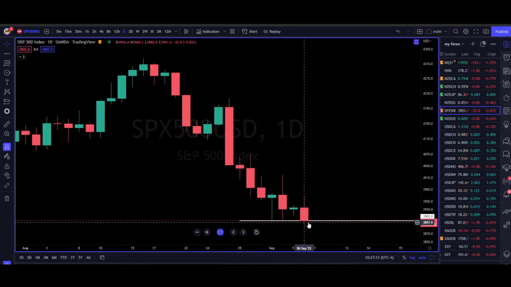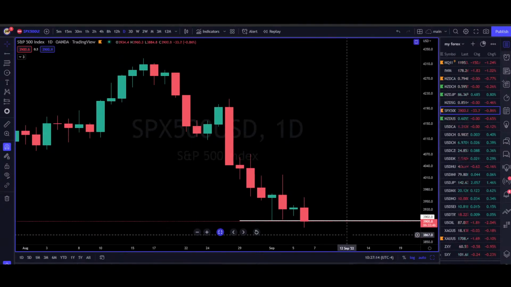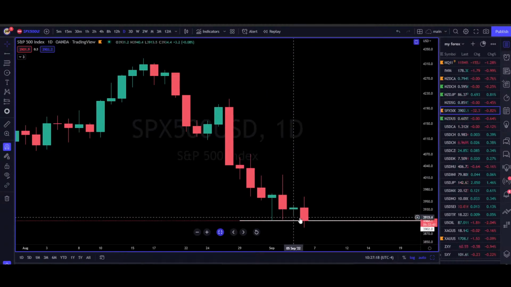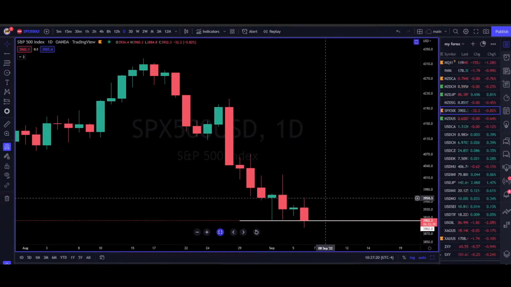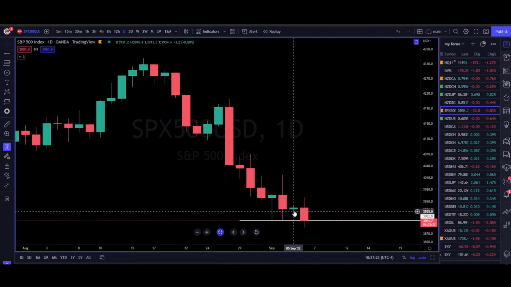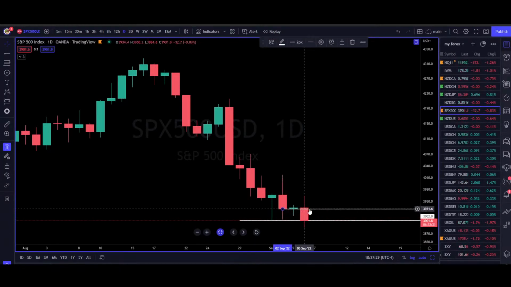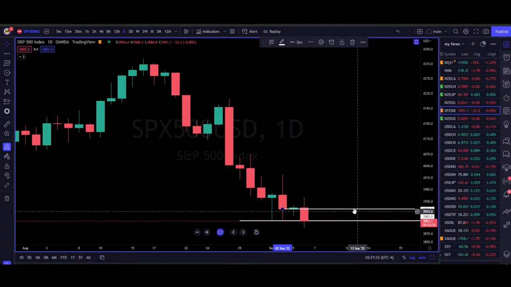You still got Wednesday, Thursday, and Friday to go. So for this to be the bottom for the week, and then maybe you get another 3 days expansion up, you got to see how today closes. It needs to close back above this. If you close back above this today, then I will be looking for long trades tomorrow.